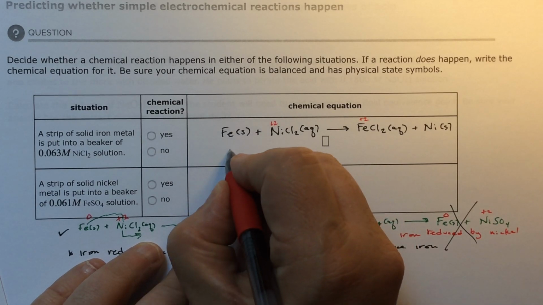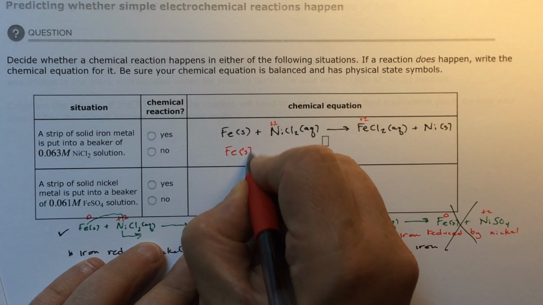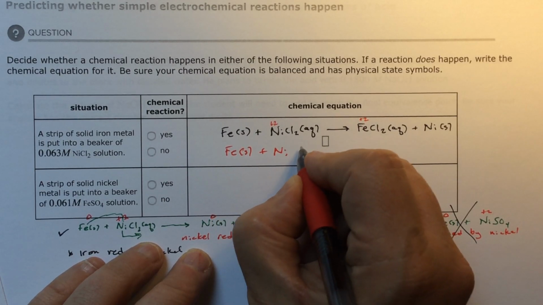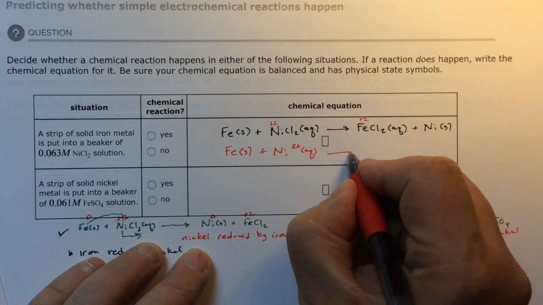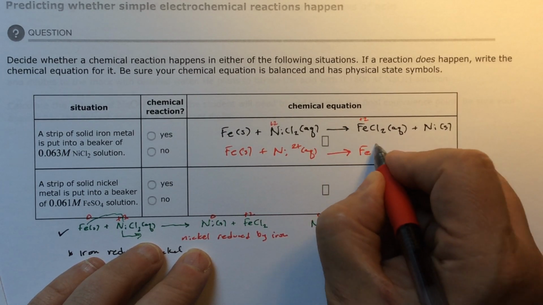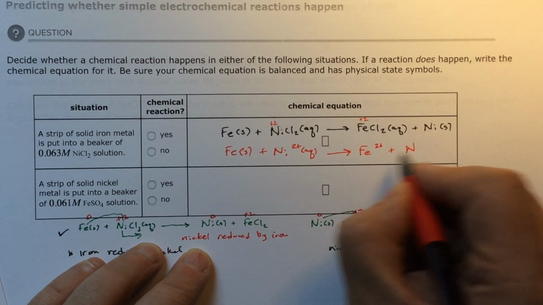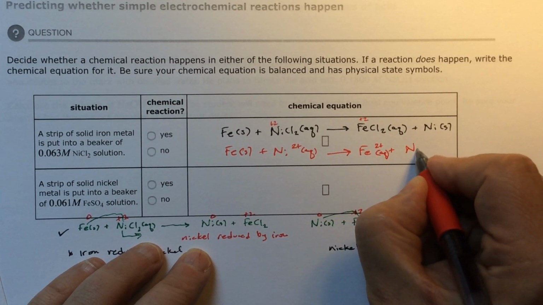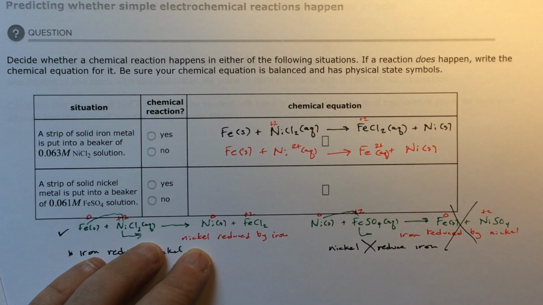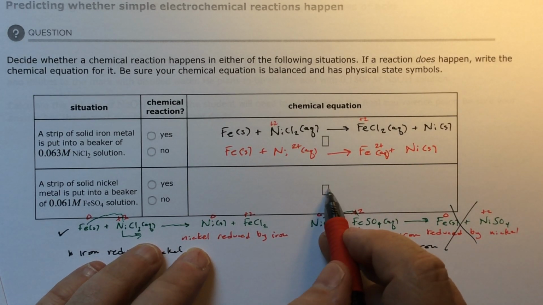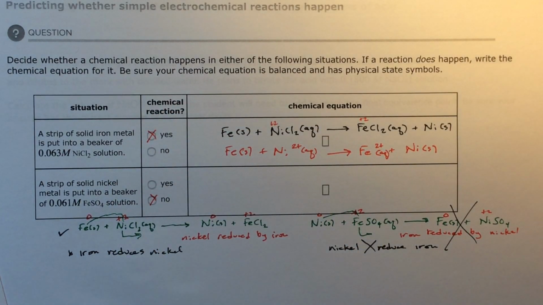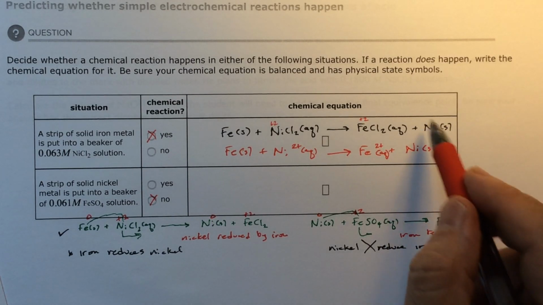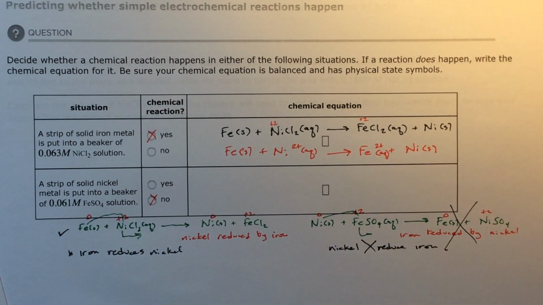So you could write Fe plus Ni2+ aqueous yields Fe2+ aqueous plus nickel solid. Okay, and then just leave this one alone. So this is yes and this is no. Okay, these are both right. You're saying the same thing. I just don't know which one ALEKS would use since it's a computer program, but you can check it out.